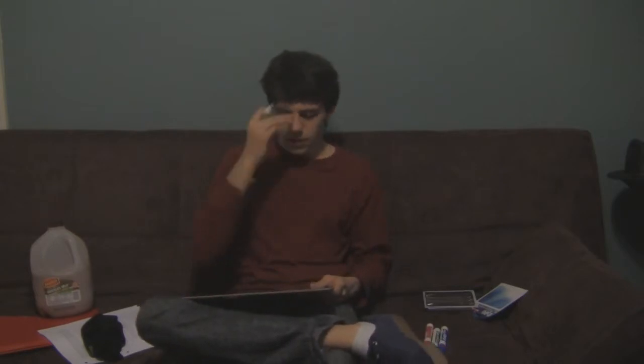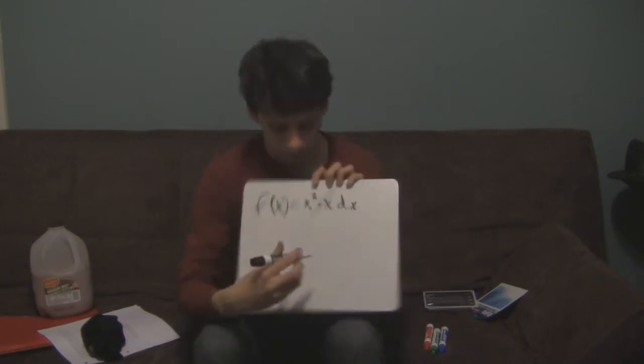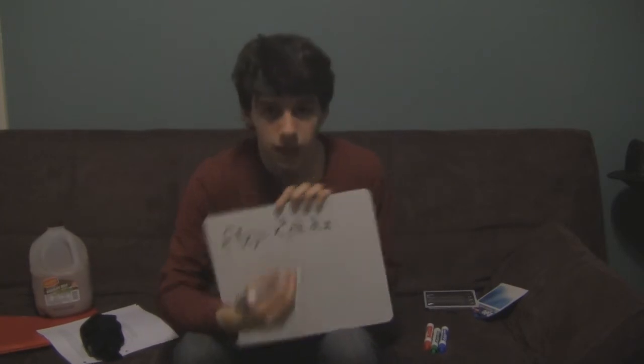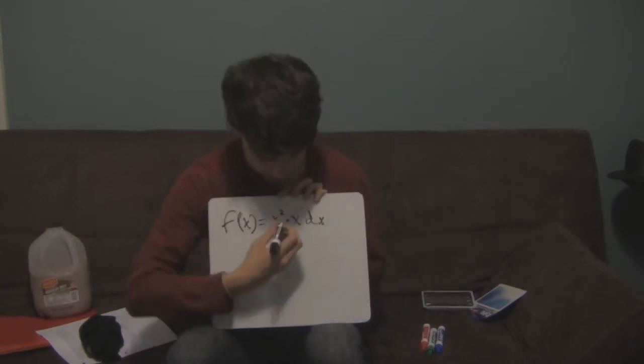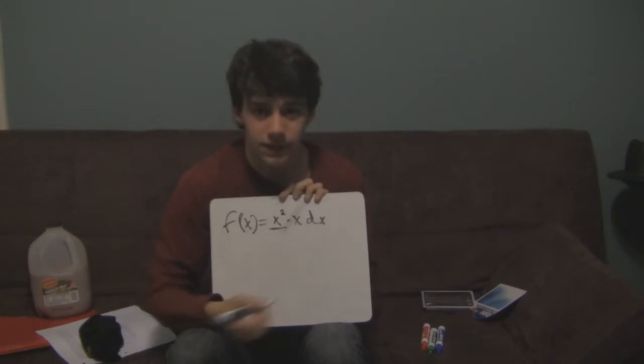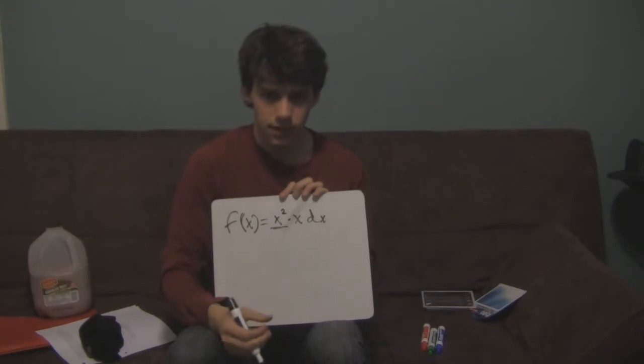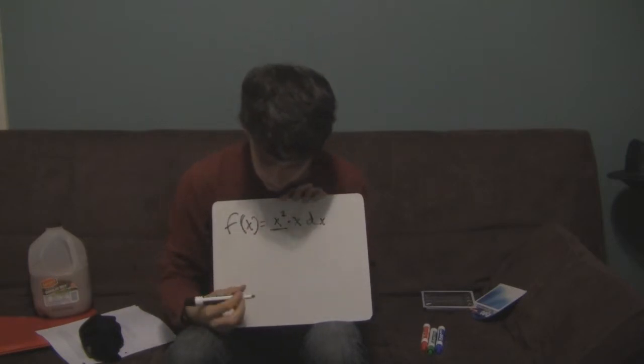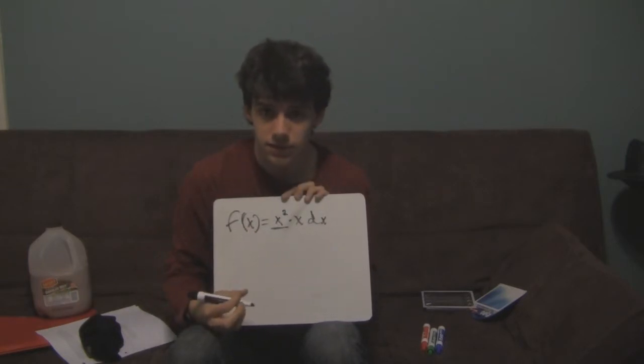This is not that hard either. What you do is you take either one of these. So I'm going to pick x squared, and I'm going to find the derivative of it. The derivative of x squared is just 2x.